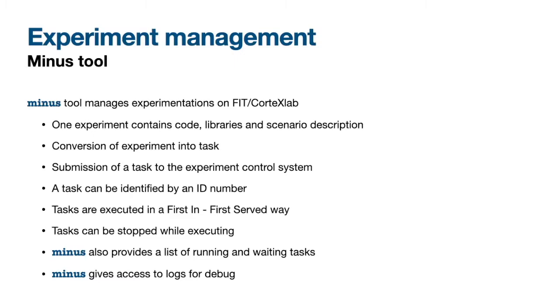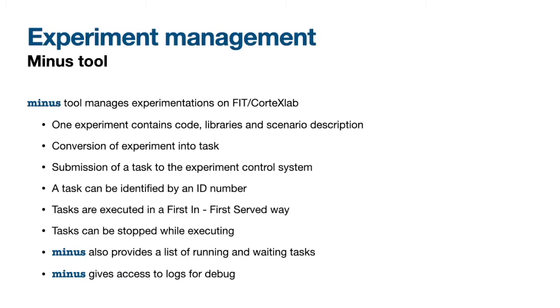We're going to be able to convert a folder with all of this information into a task file, and then we will be able to submit the task file to the experiment control system. A task, like a reservation, can also be identified by an ID number.